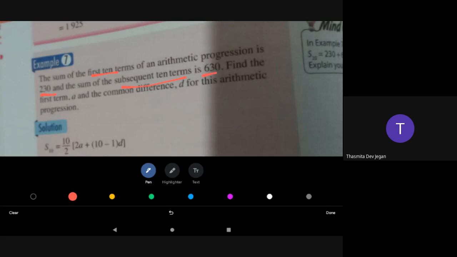Find the first term, a, and the common difference for this arithmetic progression. The first 10 terms will be T1 until T10. The subsequent 10 terms will be T11 until T20. So the sum of the first is 230, and T11 until T20, the sum is 630.